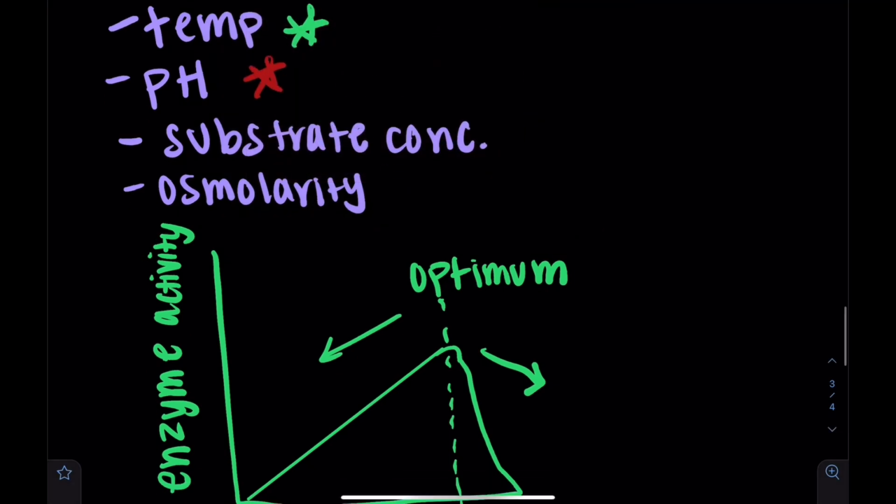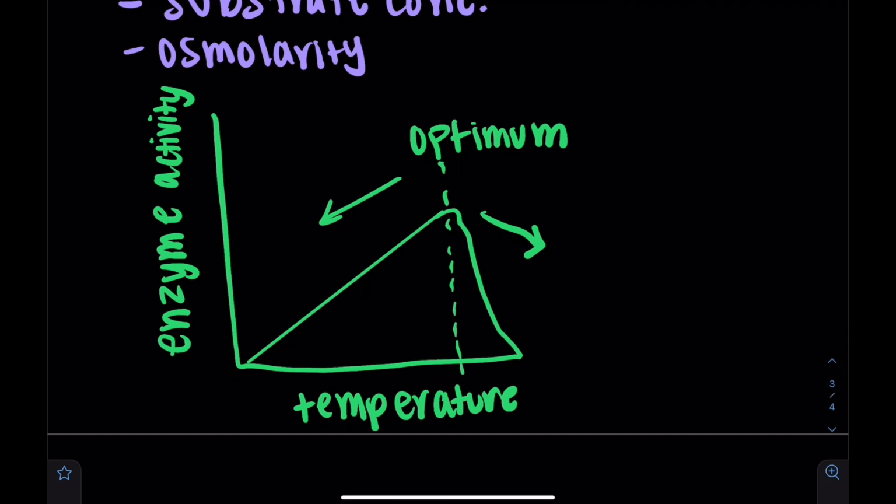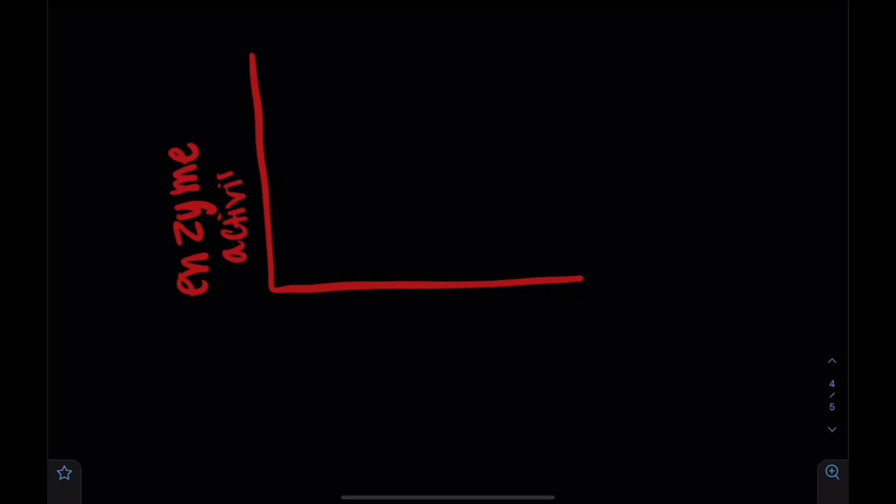So now let's go ahead and talk about pH. We're kind of going to see the same thing that we saw with temperature. So again, I'm just going to draw a graph here. And again, this is going to be enzyme activity. And this here is going to be our pH. So our graph will typically look like this.